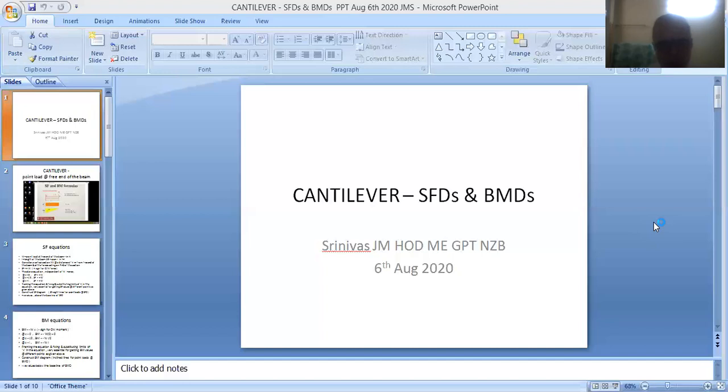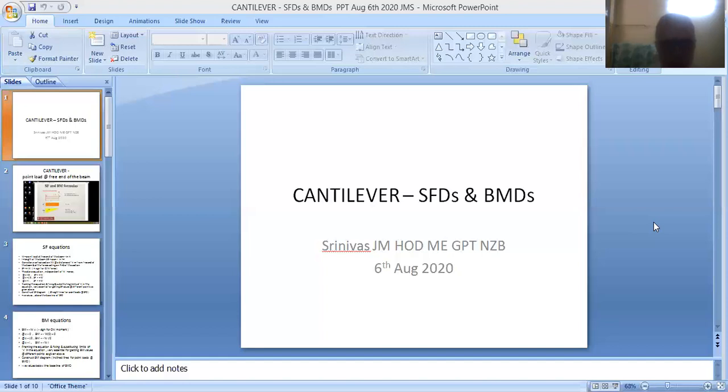Similarly, if the load is distributed evenly or uniformly for the entire length of the beam or for a certain length of the beam, then it is called a uniformly distributed load.